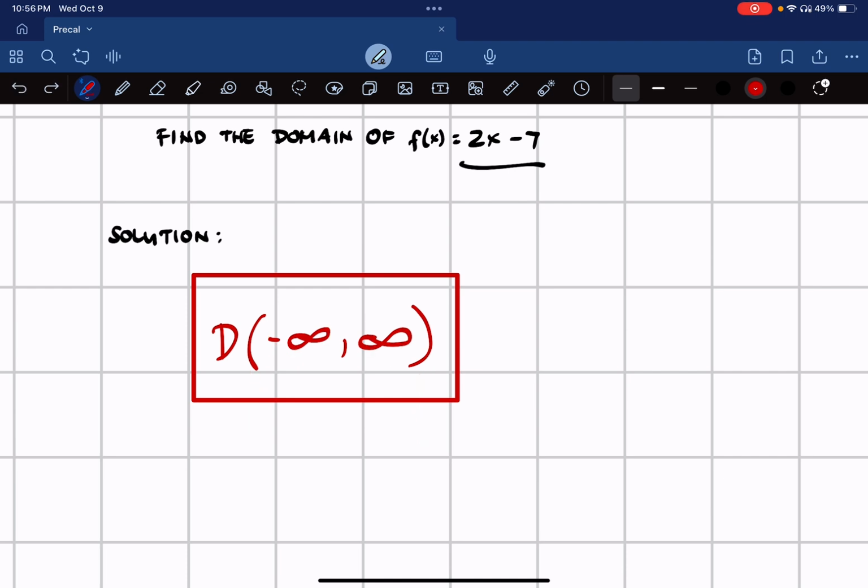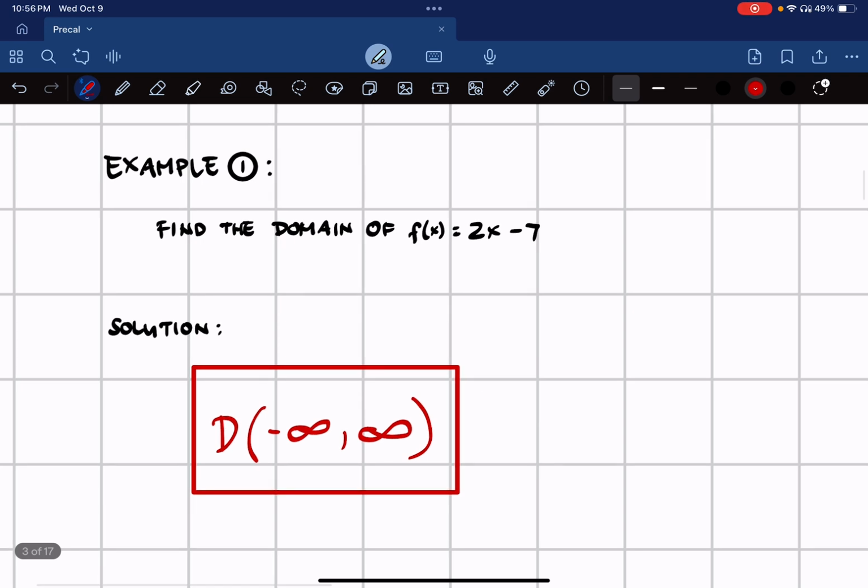Naay lahi na ato magamit, but later on pa lang na ma-discuss. So yeah, for this function, ang domain is negative infinity to positive infinity.